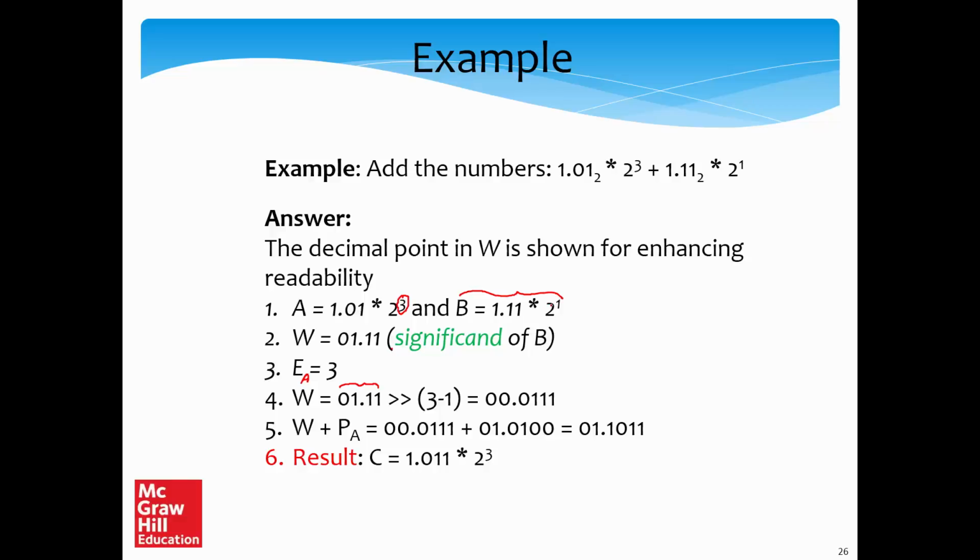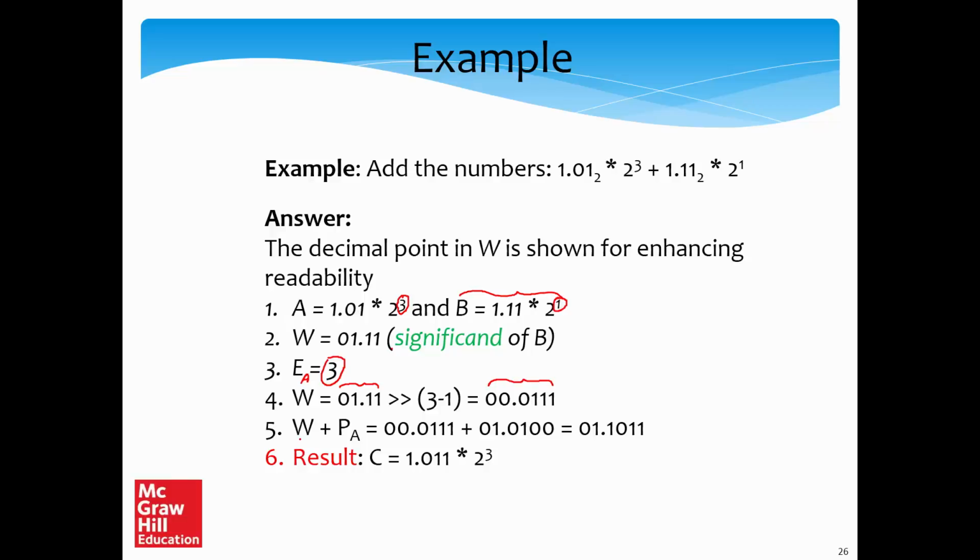Because 3 is the exponent of A and 1 is the exponent of B. So we right shift W by 2 places. This gives us 0, 1, 1, 1 after the decimal point and 0, 0 before it. Now the decimal points of both A and B are aligned, and the exponent for both is E or EA, same thing, which is 3.